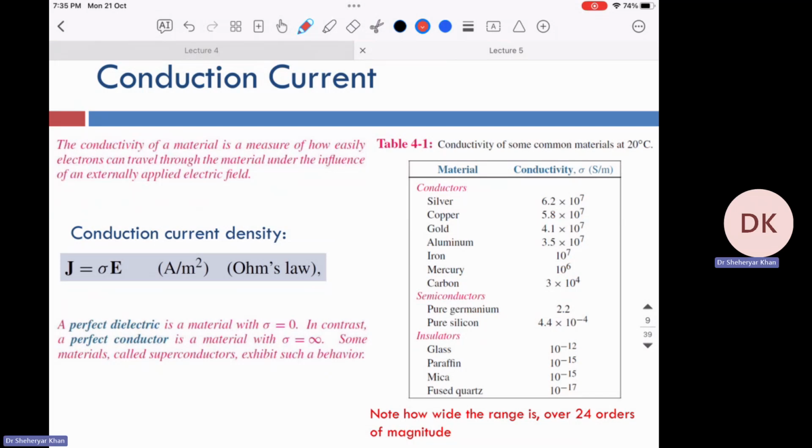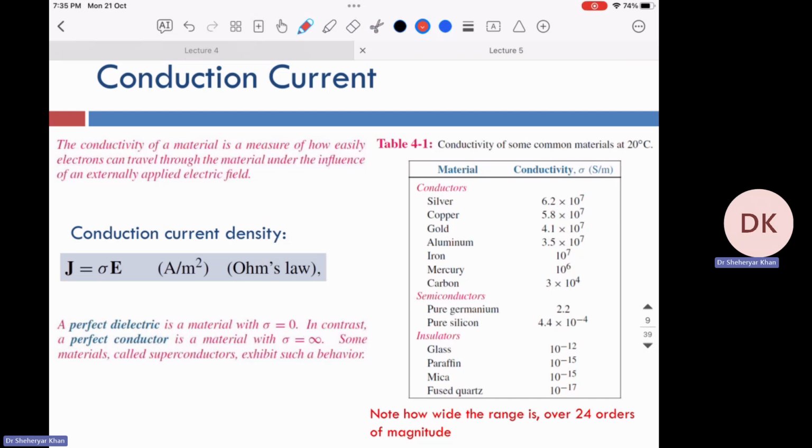For the dielectric, we know sigma is 0. Please listen carefully. For a dielectric, let's say glass or mica, when you apply an electric field, there's no current.